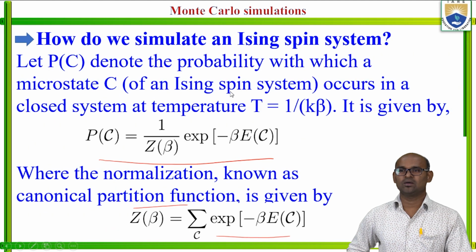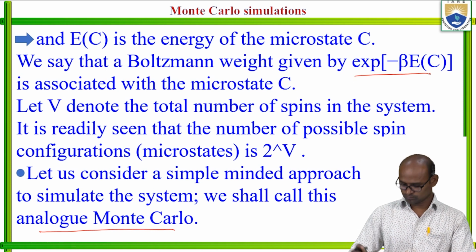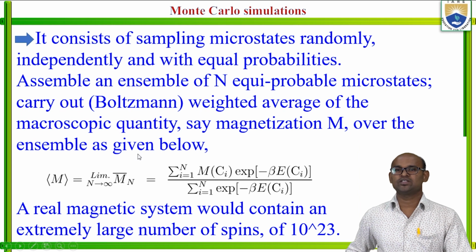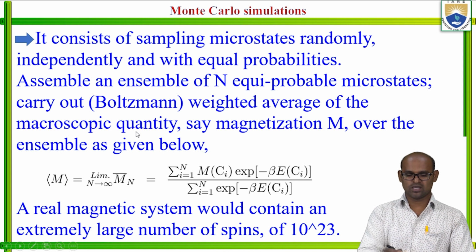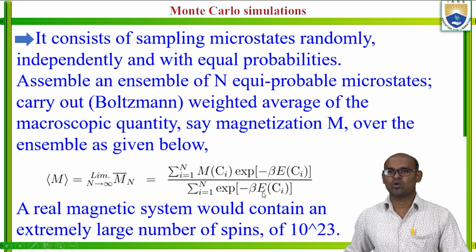So we take a Boltzmann weight, e power minus beta E of C. Then take a weighted average of the macroscopic quantity, say magnetization, over this ensemble where all the microstates are equally probable.